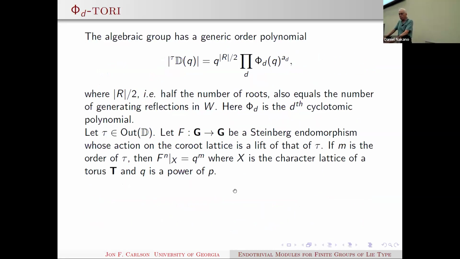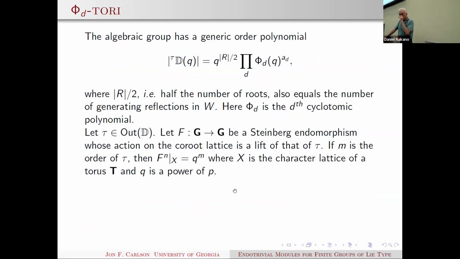This has a generic order polynomial, and it turns out if your endomorphism is basically a Frobenius, then this actually gives you the order of the finite group.